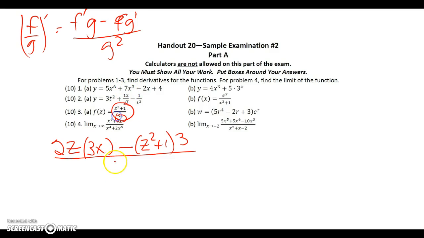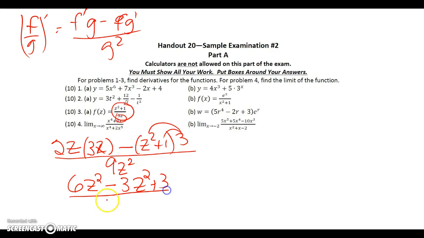That whole thing squared is going to be 9z squared. So this turns out to be 6z squared minus, I'm going to distribute now, 3z squared plus 3 all over 9z squared.